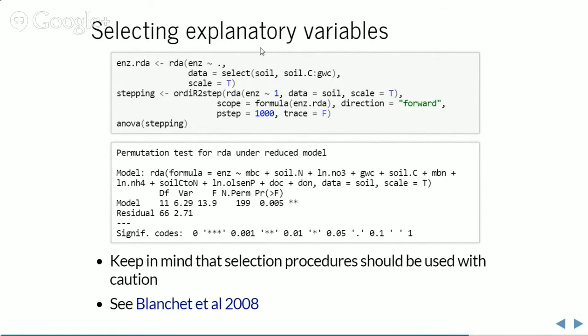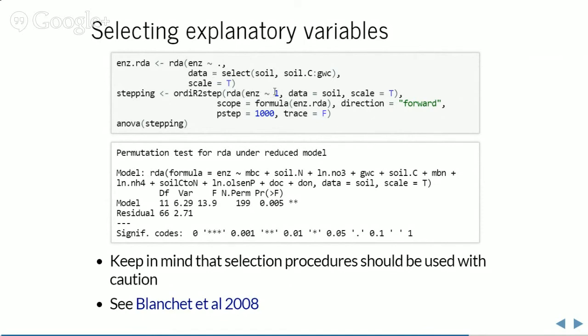Now, you need this result here. Now we're going to run this forward selection algorithm with this function called R2 step. First, we're going to give it a null model to start from, and so this is an RDA just with an intercept.